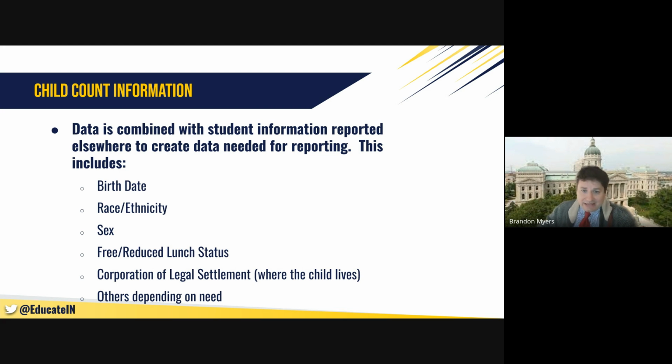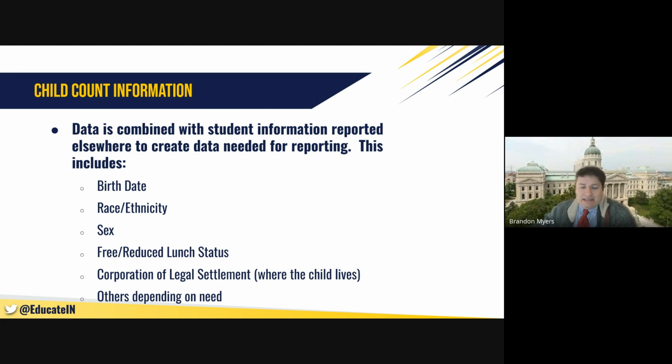So there's a lot of data that is needed for lots of different purposes. So when I talk about what the child count actually means, I'm not only talking about the data we're collecting next week, but also the pre-existing data or other program data that we have to make that data set that we're going to be using on a regular basis.